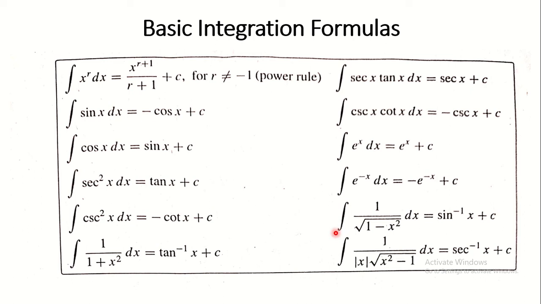Next, the indefinite integral of 1 divided by square root of 1 minus x squared with respect to x is equal to sine raised to negative 1 x plus c. And lastly, the indefinite integral of 1 divided by absolute value of x times the square root of x squared minus 1 with respect to x is equal to secant raised to negative 1 x plus c. So all of these are your basic integration formulas, and we're going to use this in integrating.